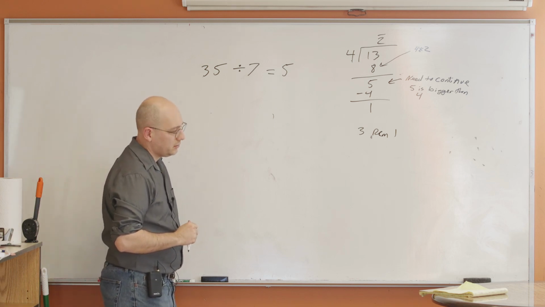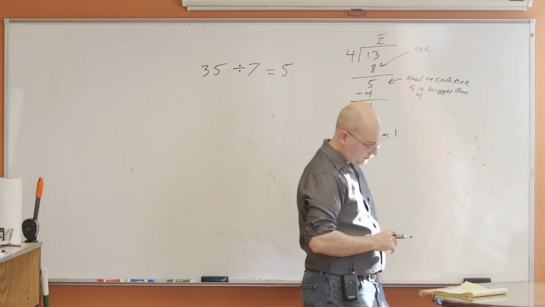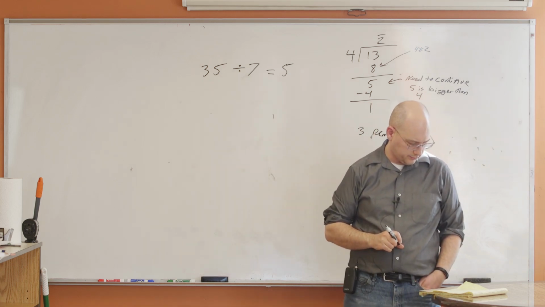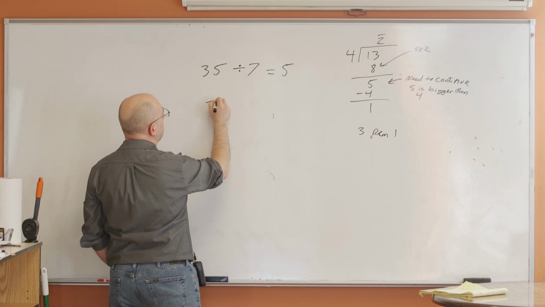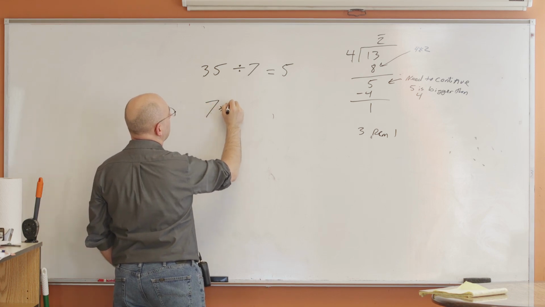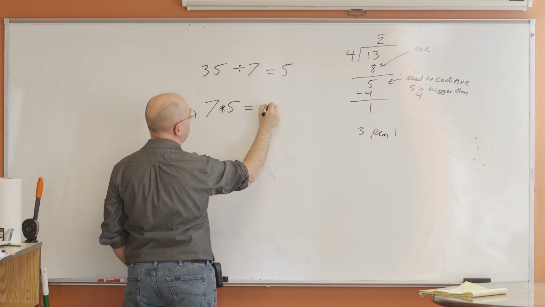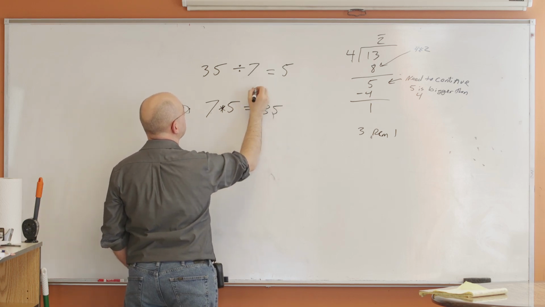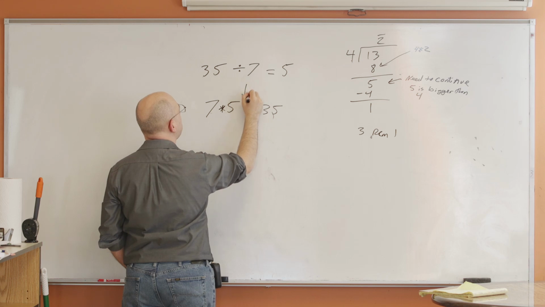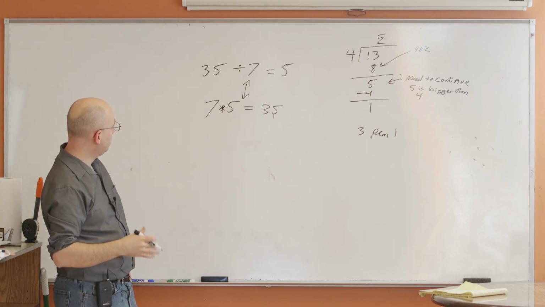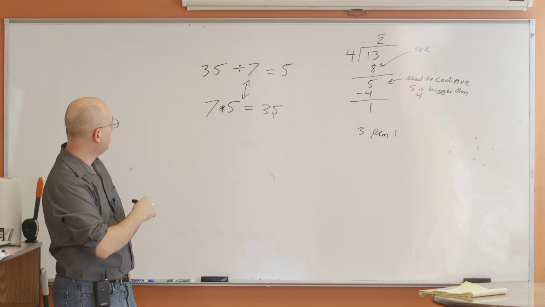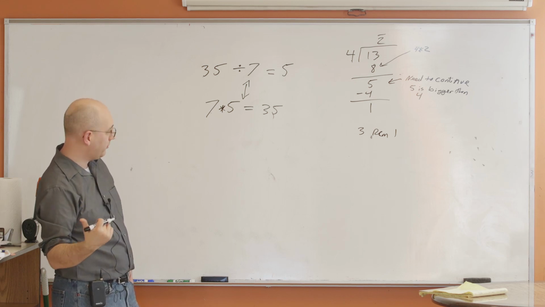All right. Okay. Now, as I said before, this fact is basically the same as this fact. They're asserting the same thing. 35 divided by 7 being 5 is the same as 7 times 5 being 35.